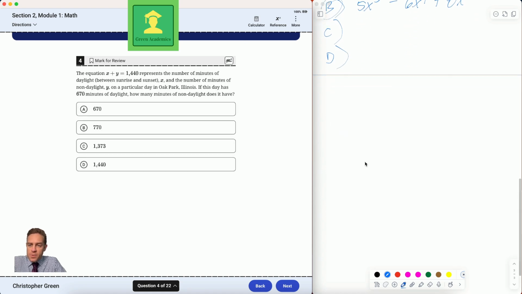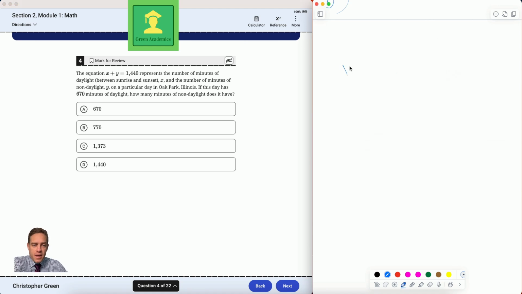The equation x plus y equals 1440 represents the number of minutes of daylight between sunrise and sunset, x, and the number of minutes of non-daylight, y, on a particular day in Oak Park, Illinois. If this day has 670 minutes of daylight, how many minutes of non-daylight does it have? Well, it's just about parsing the question.